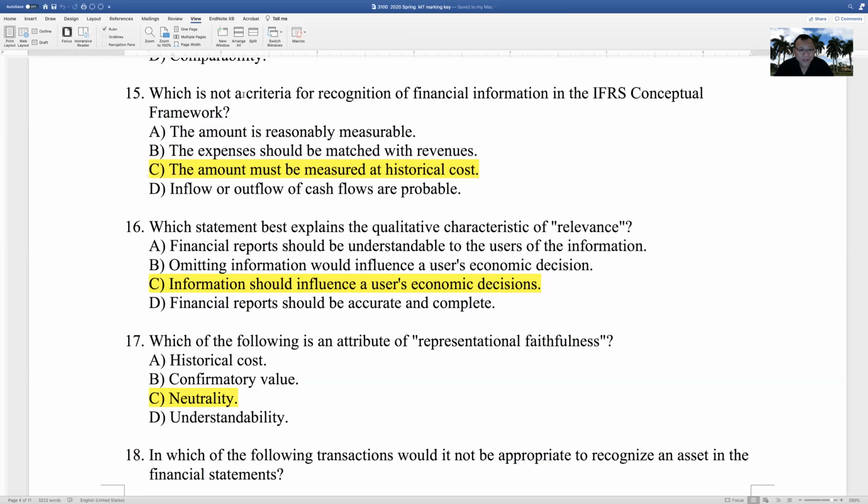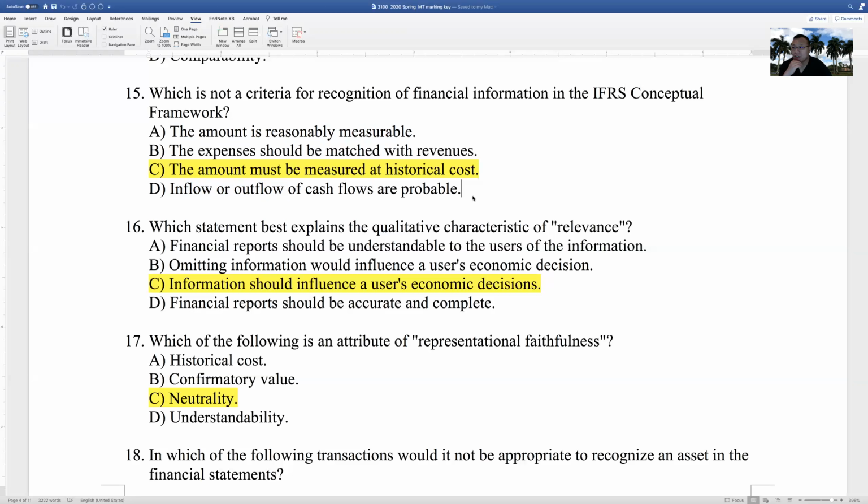So which is not a criteria for recognition of financial information in the IFRS conceptual framework? If you open your textbook following the chart, you will see that for the recognition of a financial element, the amount has to be reasonably measured, and the inflow and outflow of cash are probable, right? What does that mean?